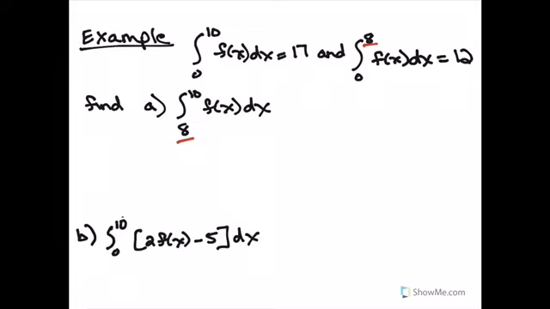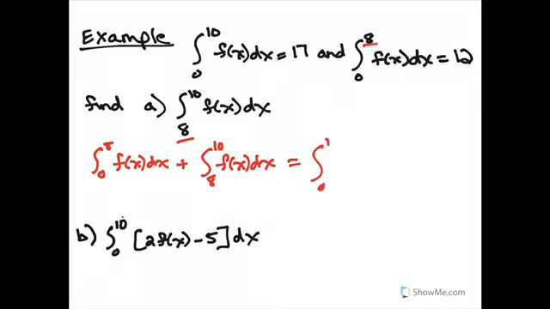So we could say that the integral from 0 to 8 of our function plus the integral from 8 to 10 of our function equals the integral going from 0 to 10, the whole area. And we know from 0 to 10, it's 17.